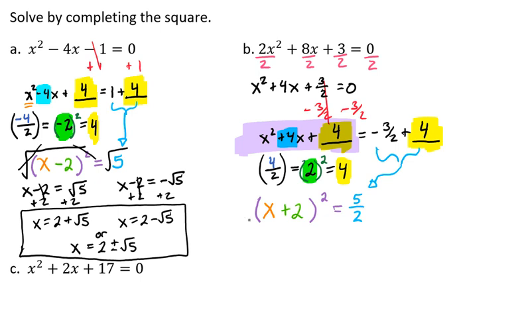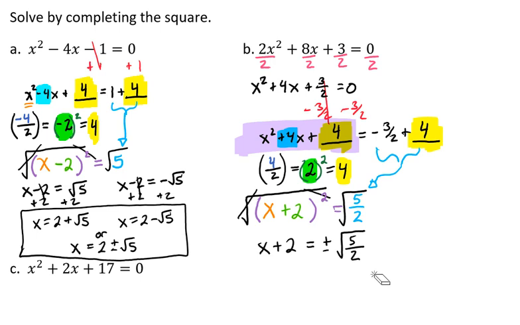So we're going to square root both sides. Remember, we have to account for a positive and a negative. So I'm going to do this one like this, the square root of 5 over 2. Then I'm going to need to rationalize my denominator.